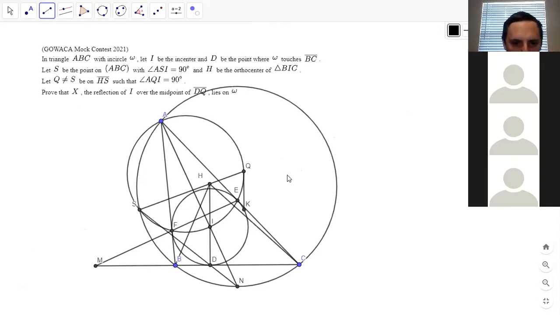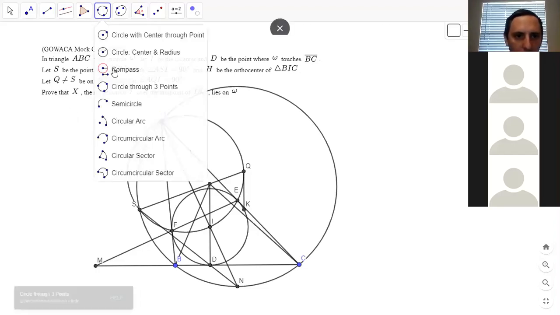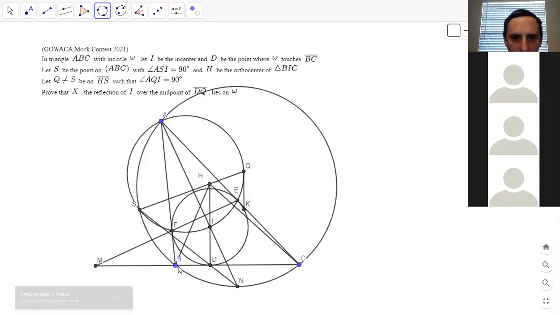Yeah, what's special about point K? We want to show QK as the radius of the circle. I don't know if it's worth drawing a circumcircle BHC.